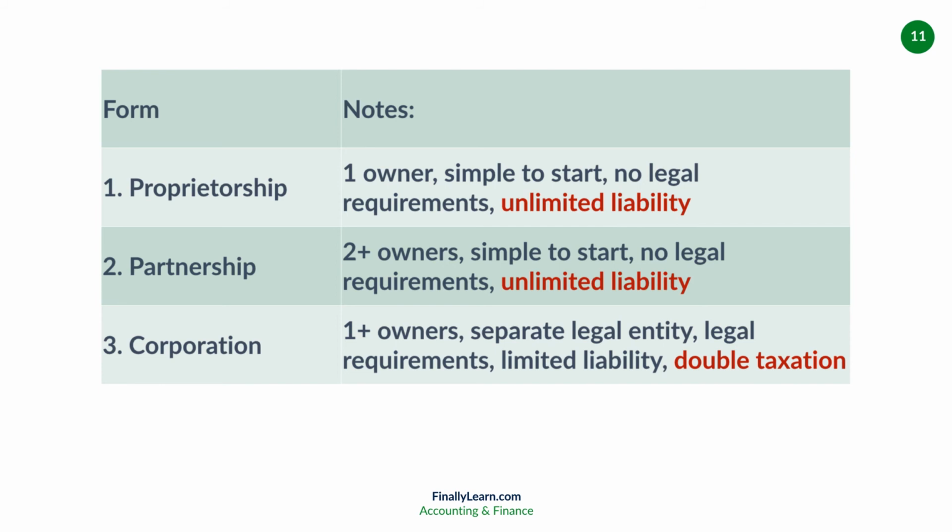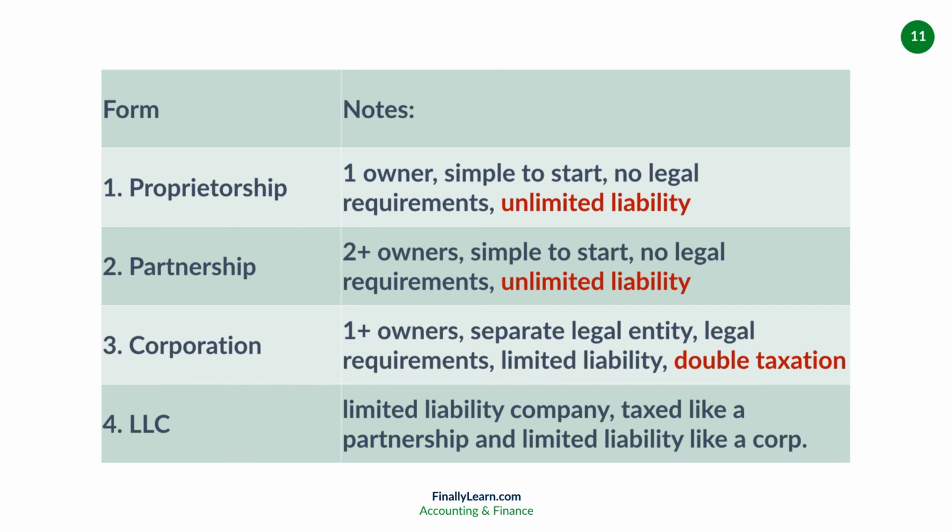It has legal requirements to start. It has limited liability. The big disadvantage is the double taxation. You're taxed once at the corporate level. You're taxed again when you distribute dividends. The individual or the company that receives the dividend is taxed on the dividend. So the amount of dividends are subject to double taxation. That's a negative.